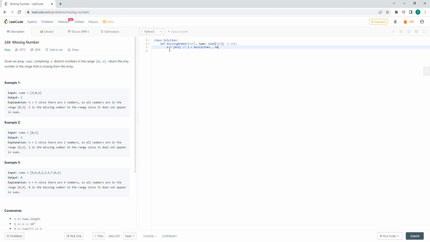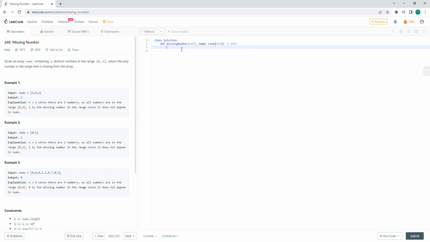We're going to use this formula to our advantage right here. So basically what we want to do is find that sum and minus it from the sum of the numbers. And that's pretty much it, right? And we'll go about solving that right now.